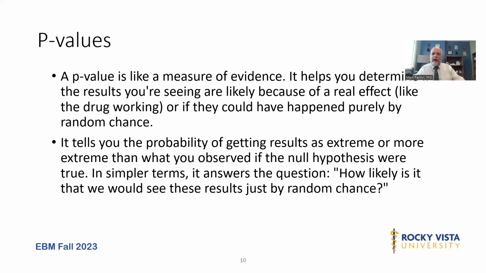Another way of thinking about this is that the p-value tells you the probability of getting results as extreme or more extreme than what you observed if the null hypothesis were true. So really what you're asking here is how likely is it that we would see these results by random chance?